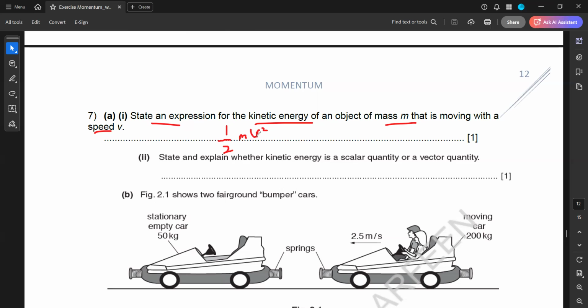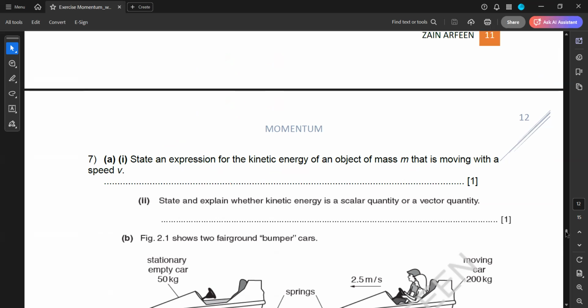So actually we just have to read the question properly. Here it is written expression. So in an expression, I don't have to write KE equals half mv square, because if I use equal to, that is not called an expression, that is an equation. In an equation, there must be an equal to. In an expression, you are not having left and right hand side. You just write the value. So you are just supposed to say half mv square.